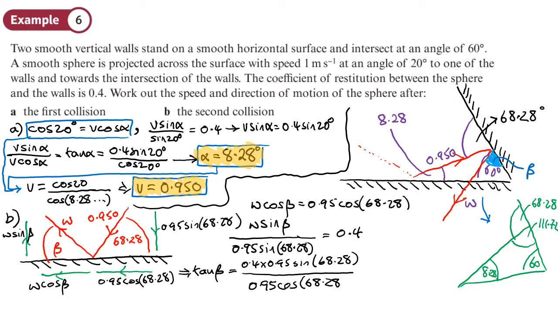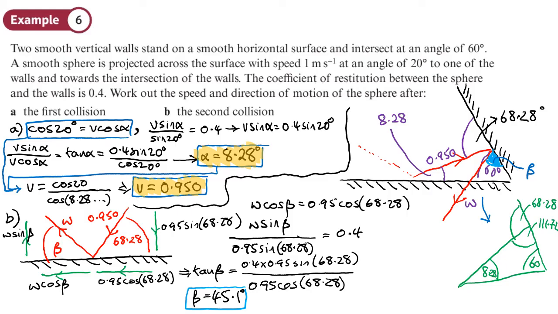So same sort of thing that happened before. If I do the tan inverse of that, which I'll do now, that gives me 45.118. So three significant figures, 45.1 degrees. So let's highlight that.